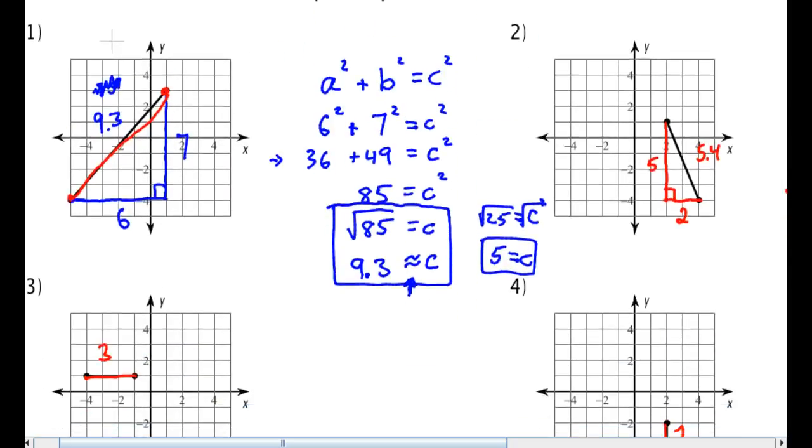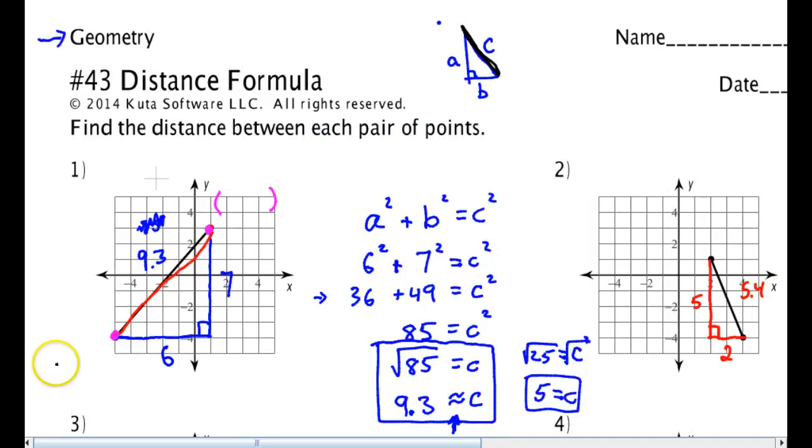So let's go back up to number 1. Just watch me up here, and let's make some sense out of this. What are the coordinates for these endpoints, here and here? So this one is (1, 3).